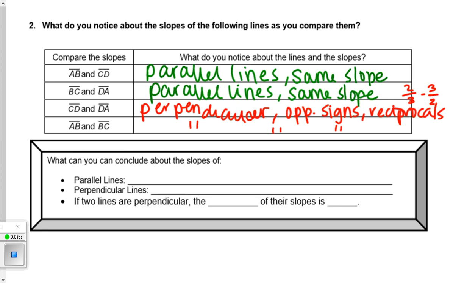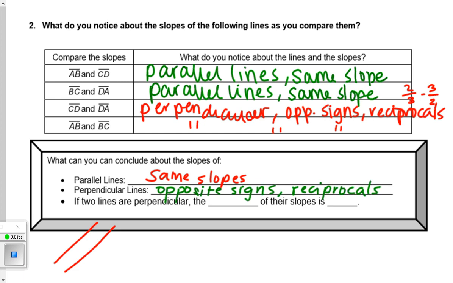So just looking at this rectangle, we can already kind of decide parallel lines have the same slopes, which makes sense, right? Slope just means the steepness. So if a line is this steep, we want a line that is parallel. It's the exact same steepness. It'd be the same slope. Okay? Perpendicular lines have opposite signs, and they are reciprocals of one another.